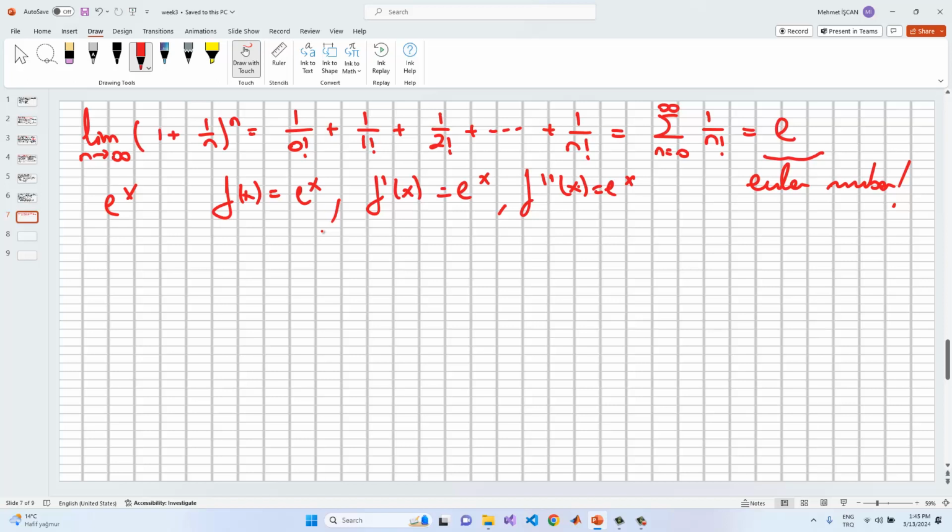Because at each derivation we have the same coefficients. This is not a time-dependent variable; e to the x is independent of the variable. This is a transcendental number.